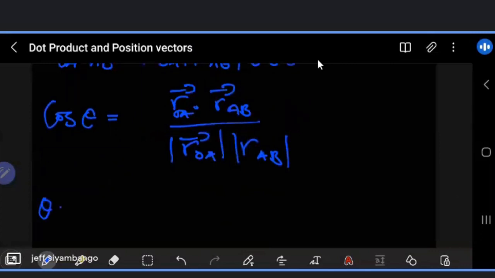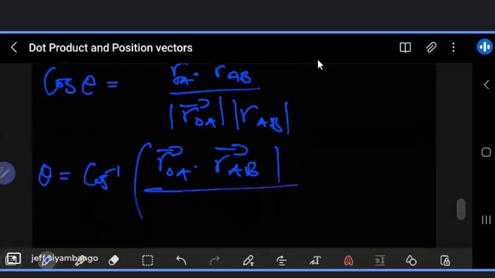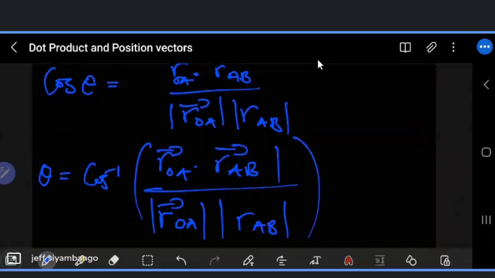Theta will be cos inverse of this ROA dot RAB, over their magnitudes, ROA and then RAB.